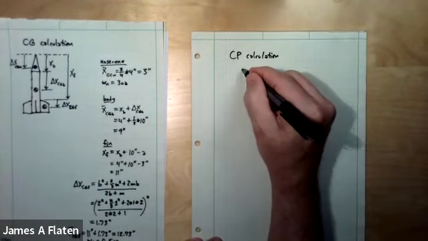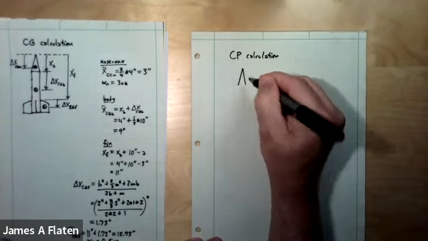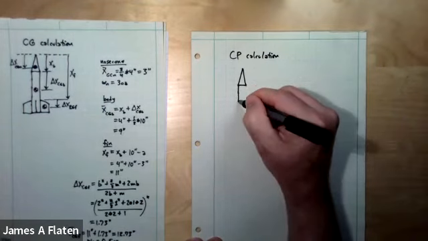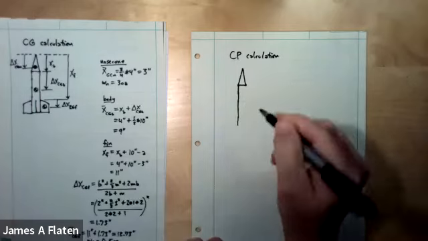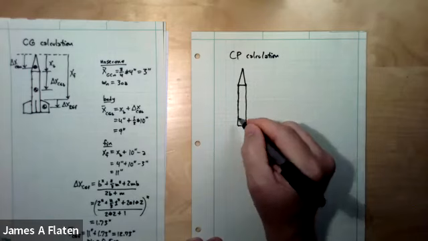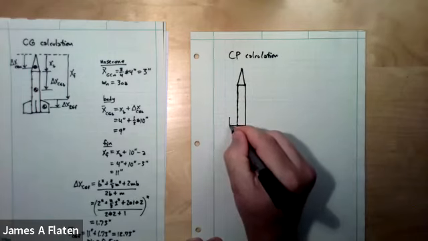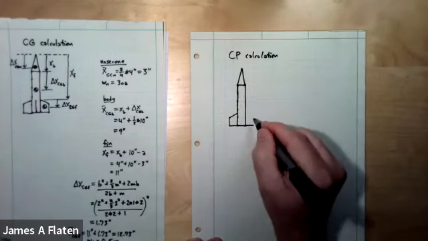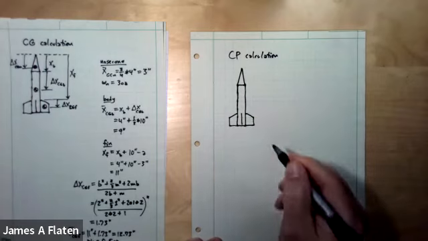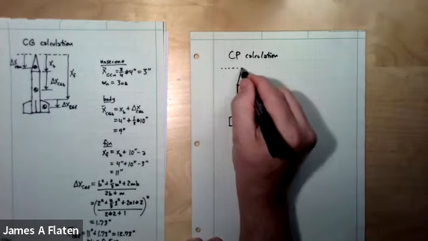I'll draw my rocket. It's always a good idea to have a drawing of the rocket nearby. 4-inch nose cone, 2-inch diameter, there's 10 inches long for the body. Here come the fins. Still going to make all my measurements from up here.